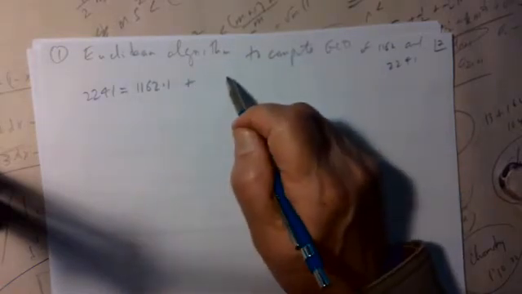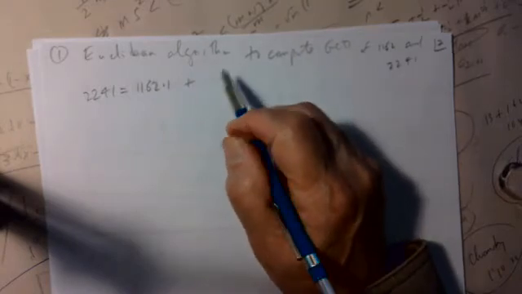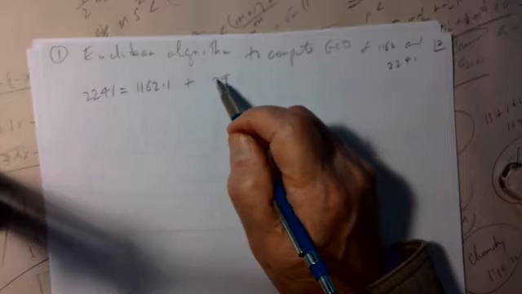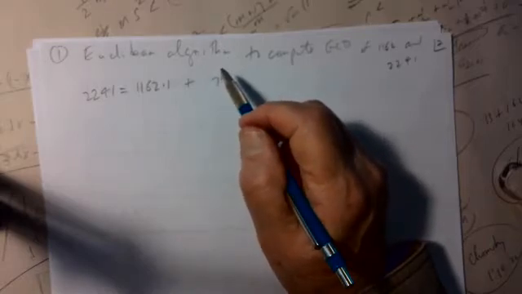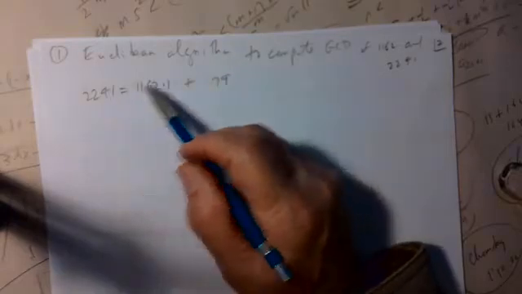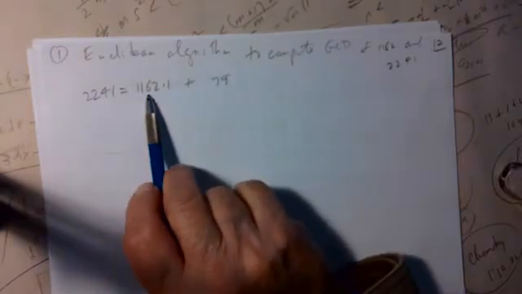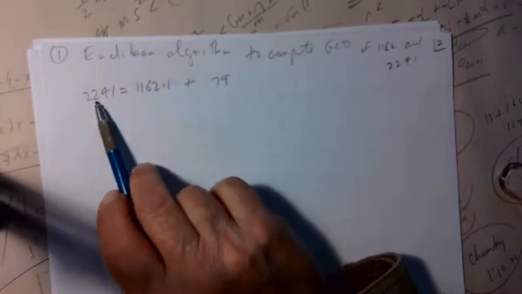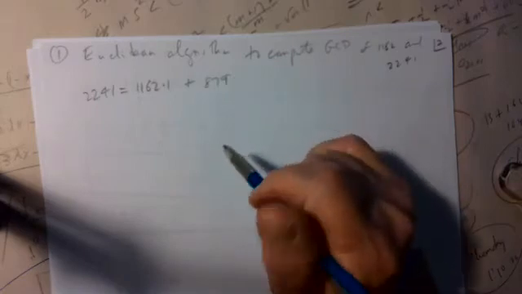2241 minus 1162. 11 take away 2 is 9. 13 take away 6 is 7. 11 take away 1 is 8. That's the remainder.